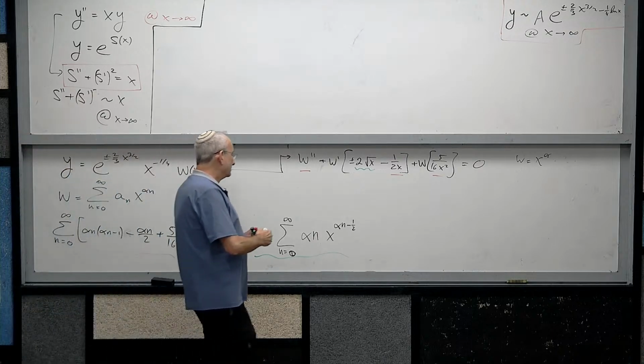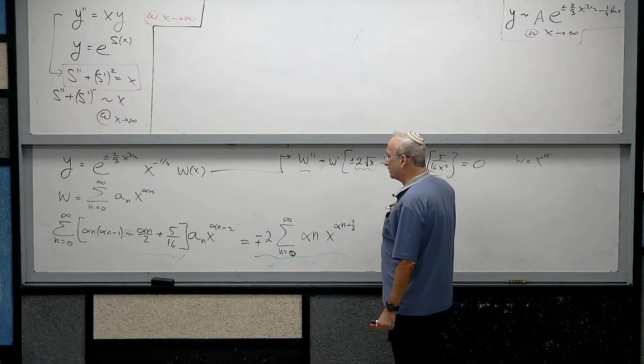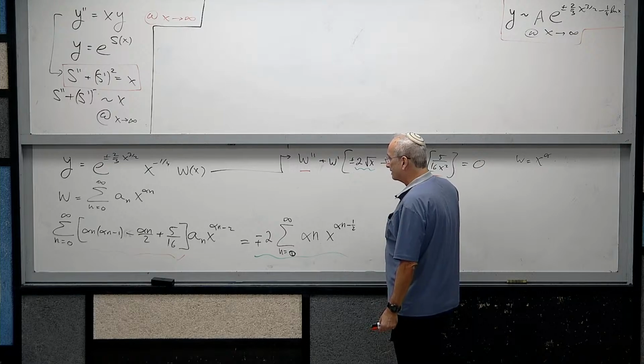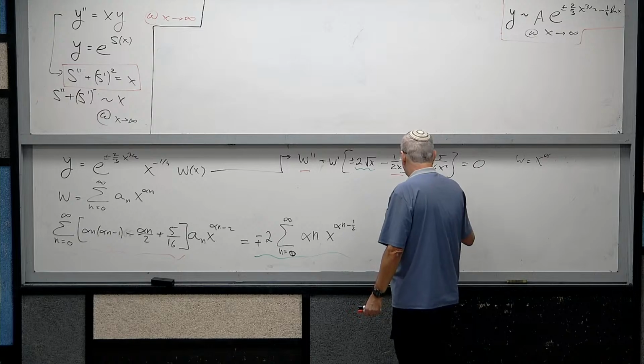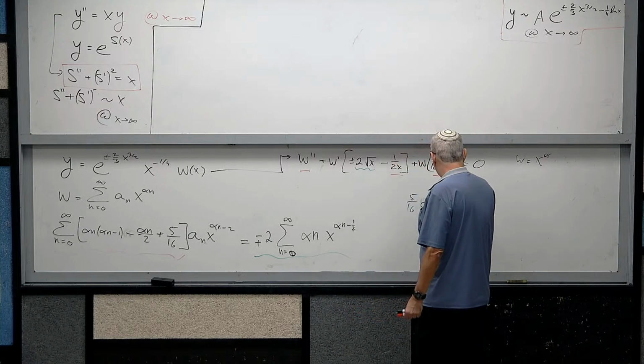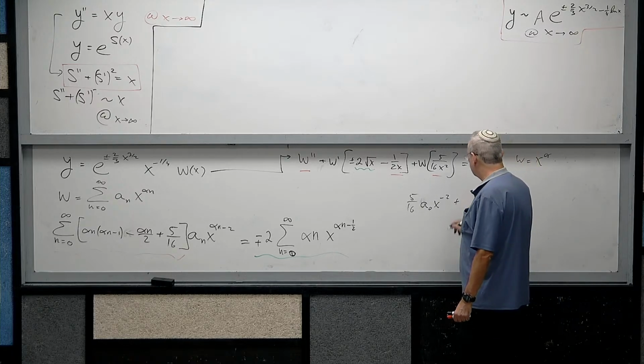So what are the first terms on the left? I have n equals 0. This will give me what? The first one is 5 over 16. 5 over 16 times a0 times x to the minus 2. Right. You see? Now what is the next term?